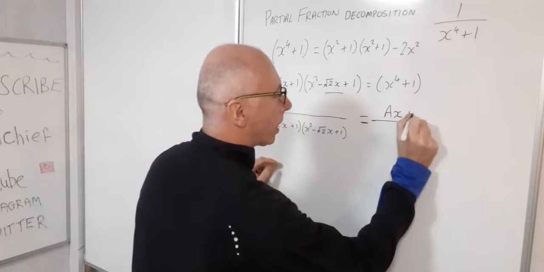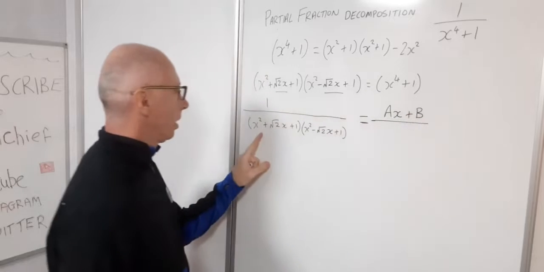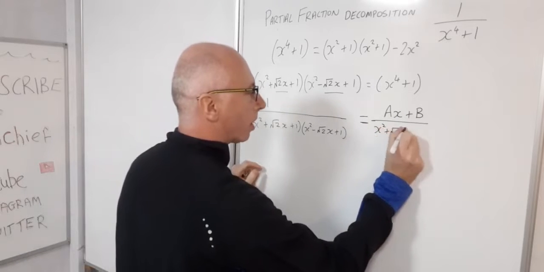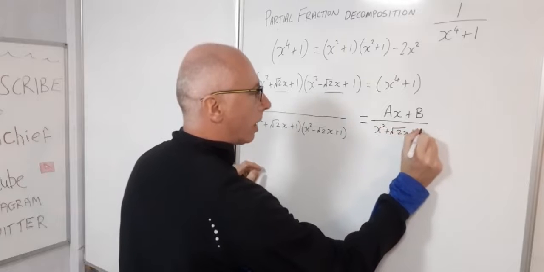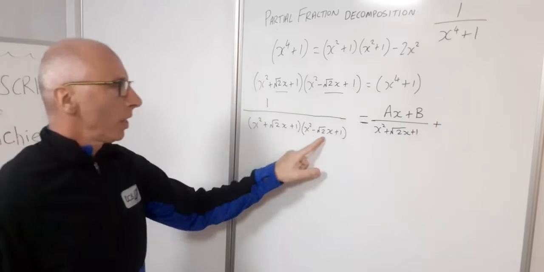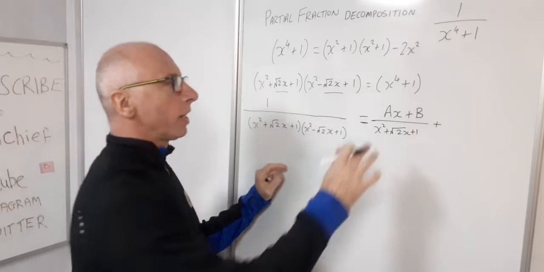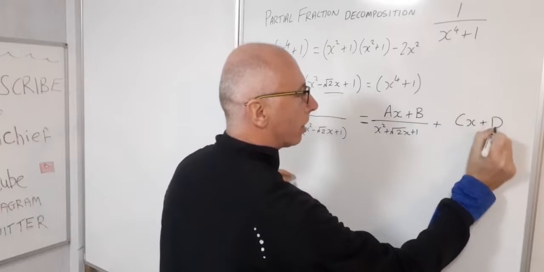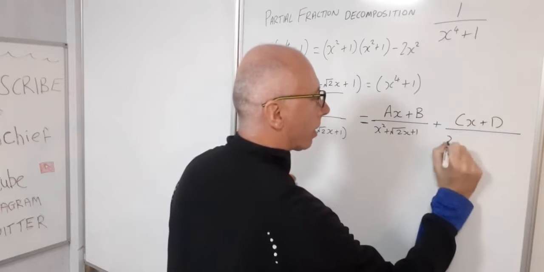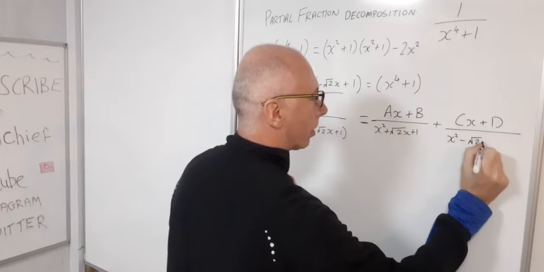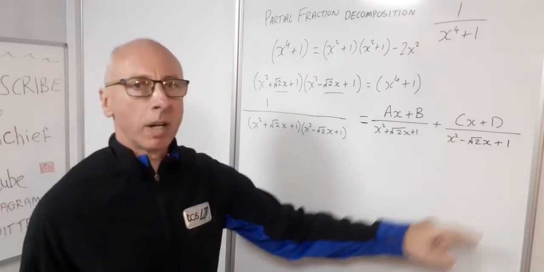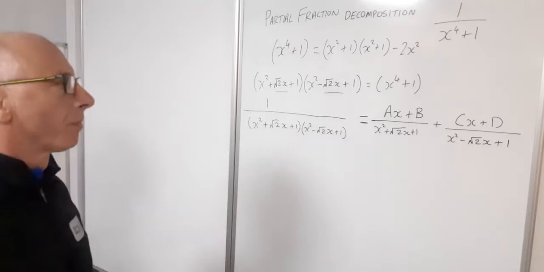Therefore I'm going to need ax plus b, and then write this one in the bottom. And then this one here is also a quadratic, so I'm going to need another one of those in my numerator. Okay. So that's my building blocks for my partial fraction decomposition.